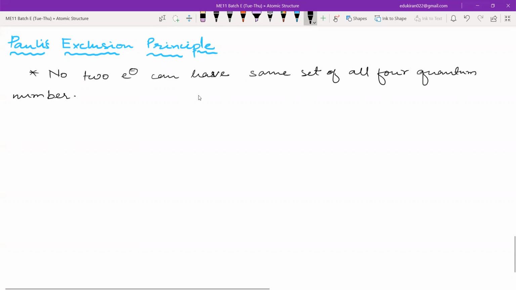Helium is the smallest. So helium has a nucleus like this. Now it has only one shell. You must have learned at least this much from the 10th standard, that it has one shell and there are 2 electrons in it. So let us say this is 1 electron and this is the other electron.